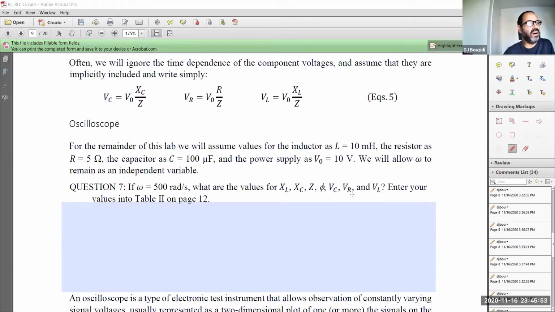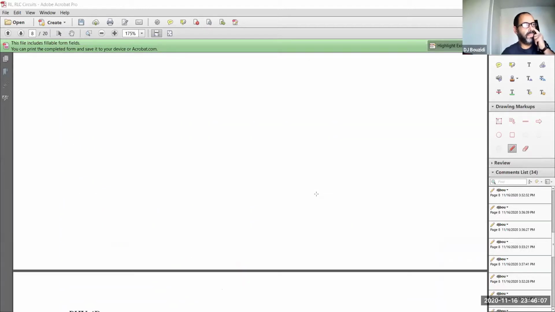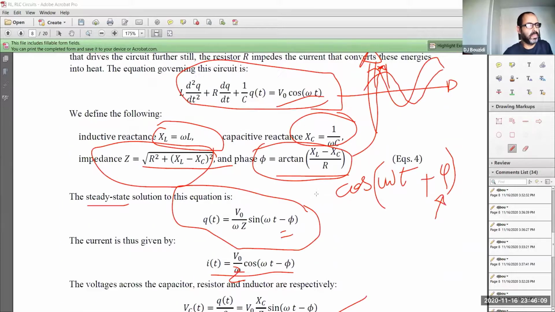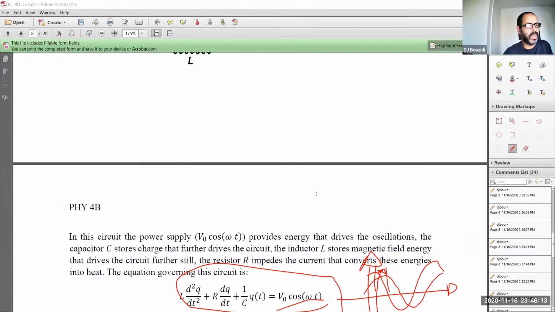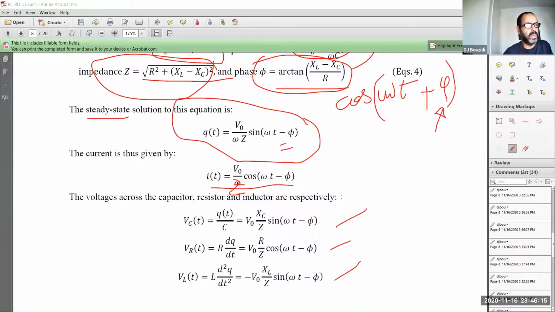And you have VR, which is simply equal to V naught times... First of all, you need I in order to find VR. I is equal to V naught divided by Z. Okay, I did not write it down in here anywhere, I guess.